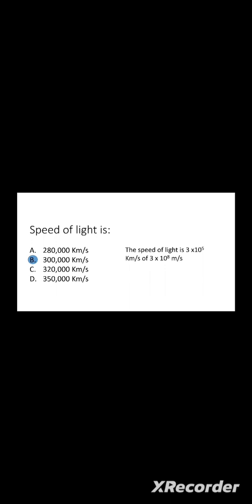Or if we talk about meter per second unit, it will be 3 into 10 raised to power 8. The next question was X-rays was discovered by, and the correct answer is Roentgen A.